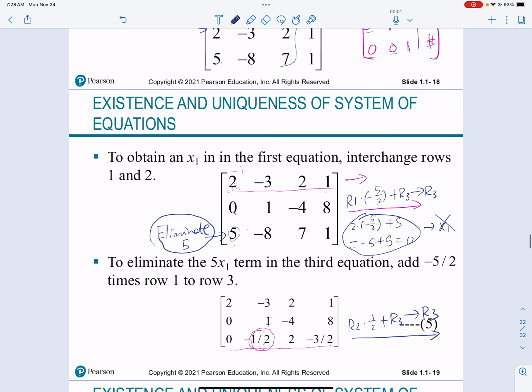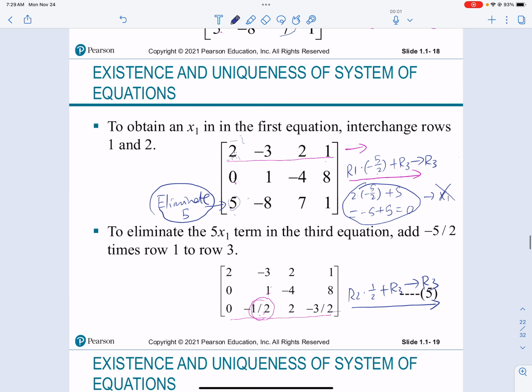Yeah, so this is what we have here. When you do all these things, you will be able to get 0, 0, negative half, negative 2. Are you with me?